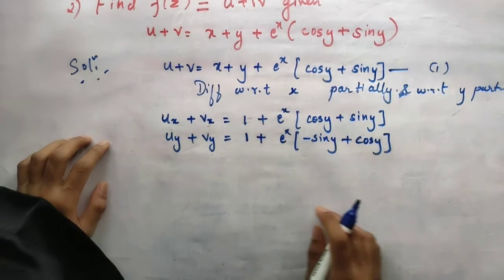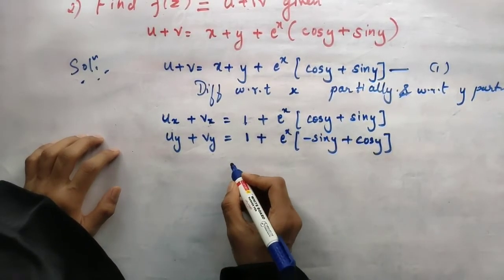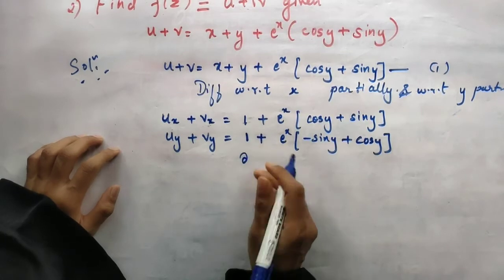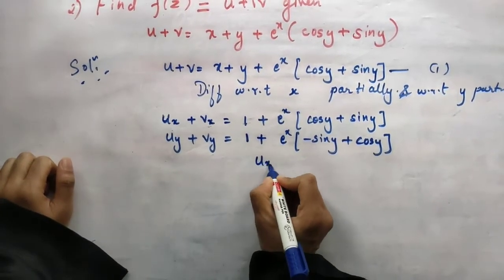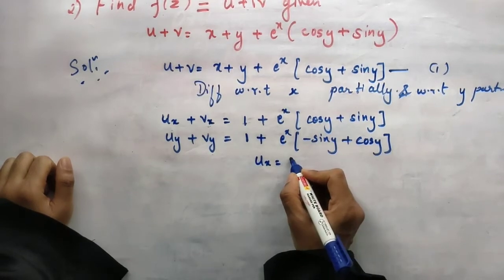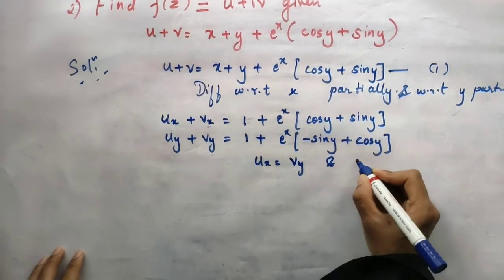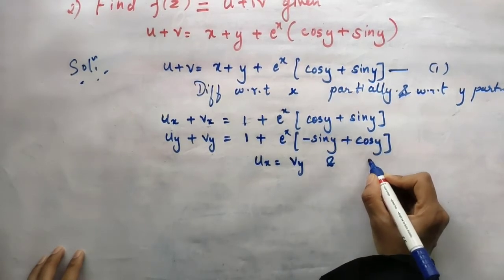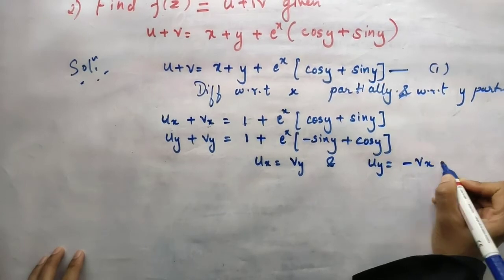Now, since the function has to be analytic, first it must satisfy the CR equations. So by CR equations, we have u_x = v_y and u_y = minus v_x.